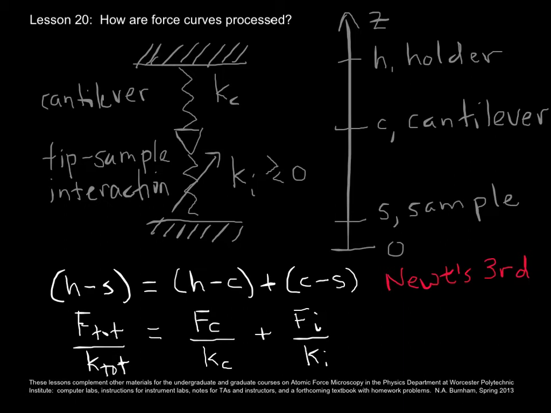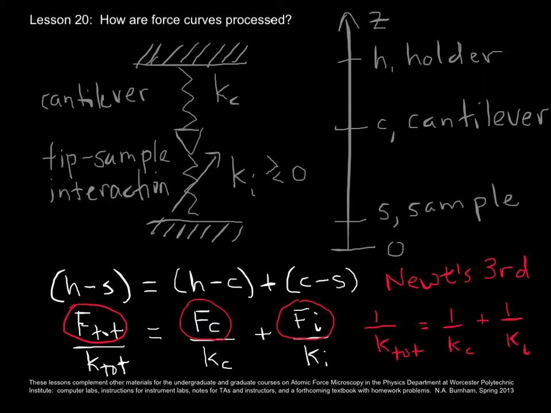You apply this to the system, and what you find is that the total force is the same magnitude as the force of the cantilever, and that's the same magnitude as the force of the spring. So this equation becomes 1 over K total is equal to 1 over the spring constant of the cantilever plus 1 over the spring constant of the interaction.